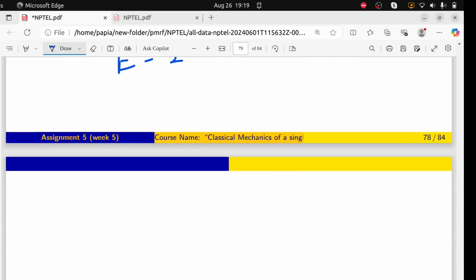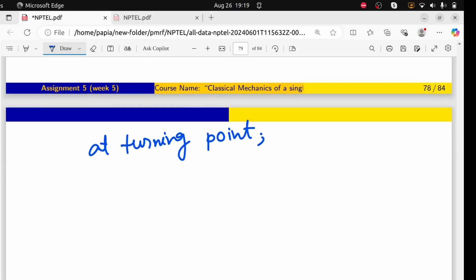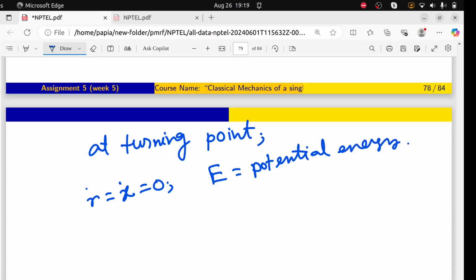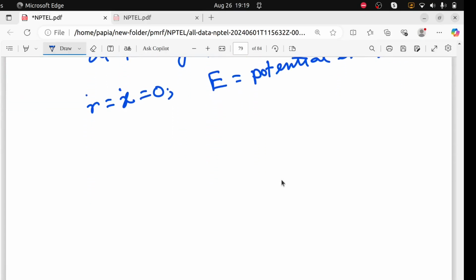Now at turning point, it means r dot equals 0. That means total energy is equal to the potential energy only. So I can write here E is simply half k x square plus alpha x to the power 4.